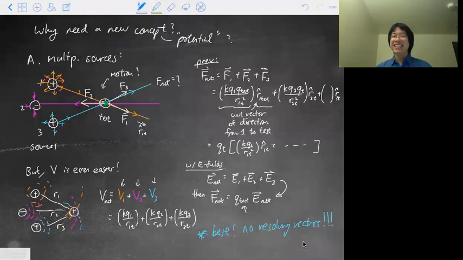You appreciated how happy that experience is. But once you learn potential, you don't need to do that anymore, other than the fact that we might test you on that. But if you're a working physicist, you immediately opt to use potential. In fact, myself, when I need to do any of these calculations, if I can help it, I always use potential. So now we have the right motivation to do that.